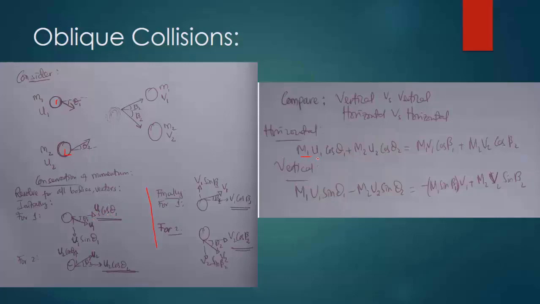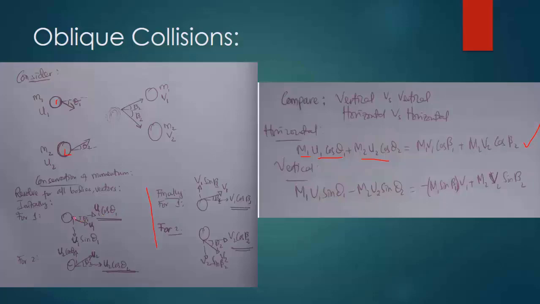So m1 u1 cos theta 1 plus m2 u2 cos theta 2, okay, is equal to the horizontal ones. They move in the same direction, so you add them together: m1 v1 cos beta 1 plus m2 v2 cos beta 2. You are done with the horizontal. Simple like that.